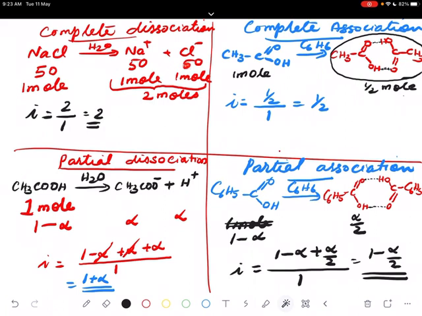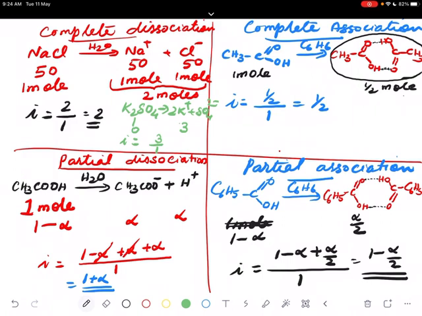The total number of moles after dissociation will be 3. K2SO4 gives 2K+ and SO4 2-. In the beginning it was 1, now here it is 0, and there it is 3. So 3 upon 1, after divided by before. So Van't Hoff's factor is equal to 3.